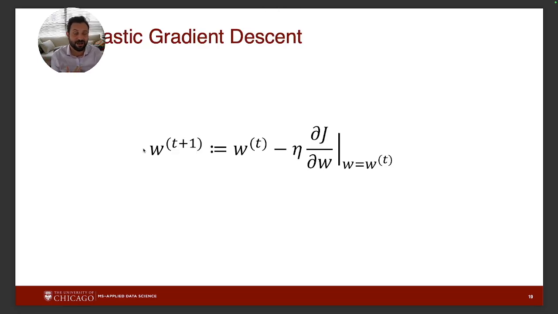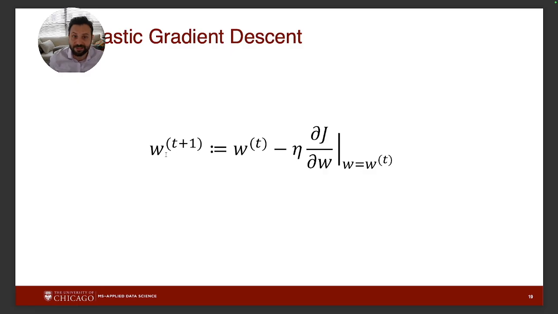This is our stochastic gradient descent. What you see here is a W, and it has a superscript we call t plus 1. The W is going to update. You're going to start with one W in your weight space, and from that starting W, you're going to calculate your derivative of the cost J, and you're going to take a step against the direction.